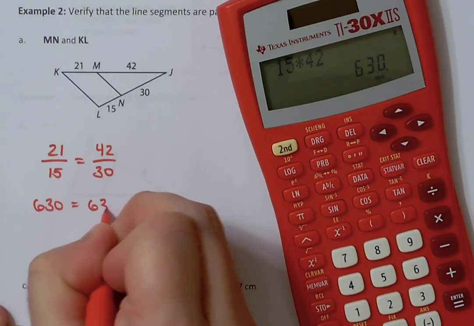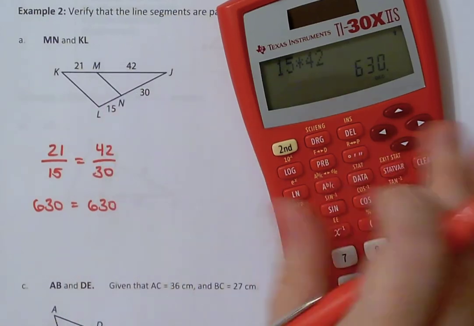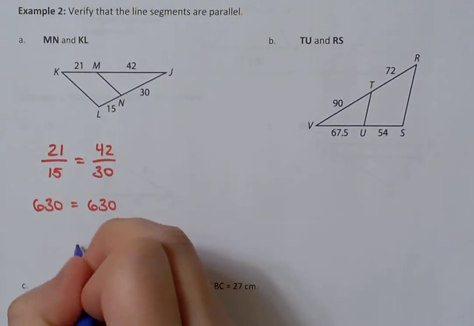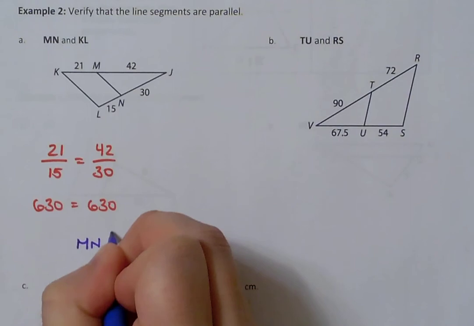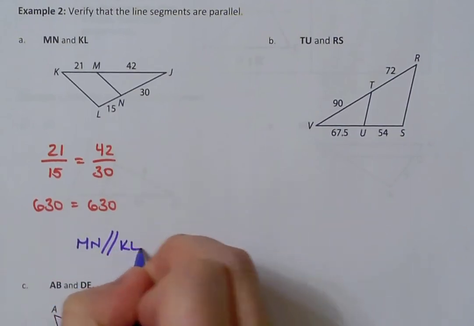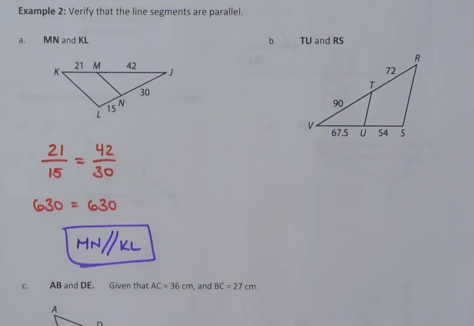Because we cross multiply and get the same number, these two sides are proportional. So because those two sides are proportional, we can say that MN is parallel to KL. And that is our answer for example 2, part A.